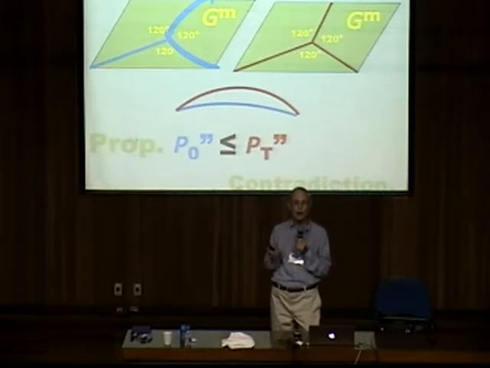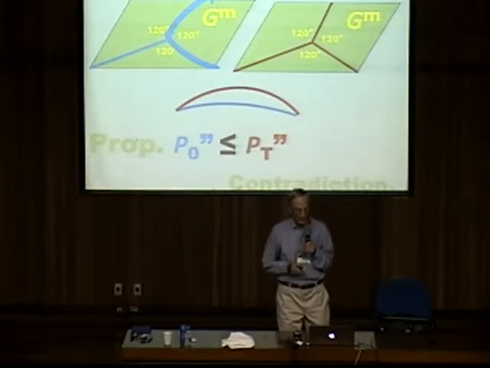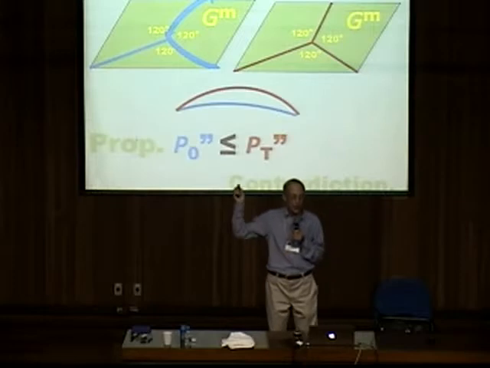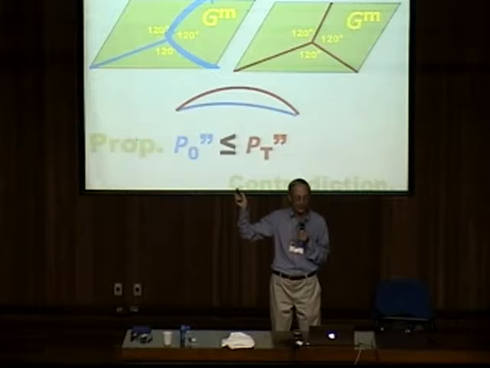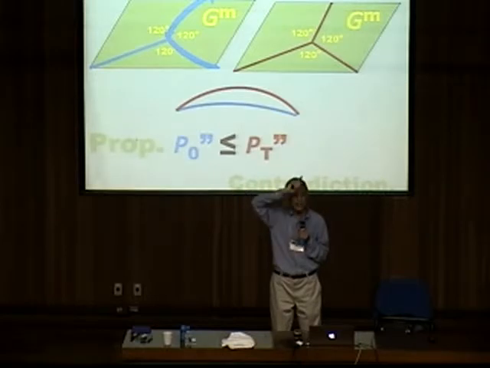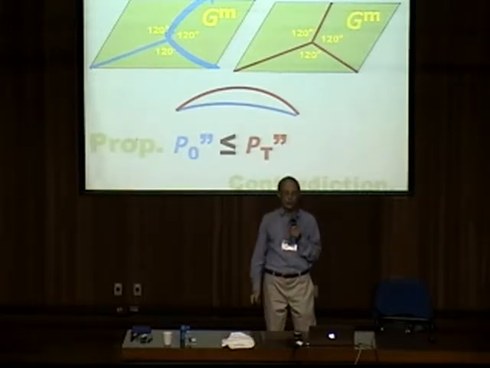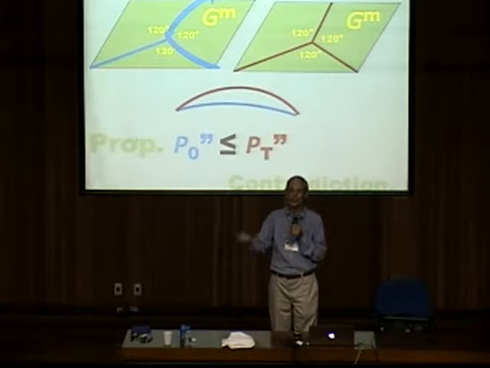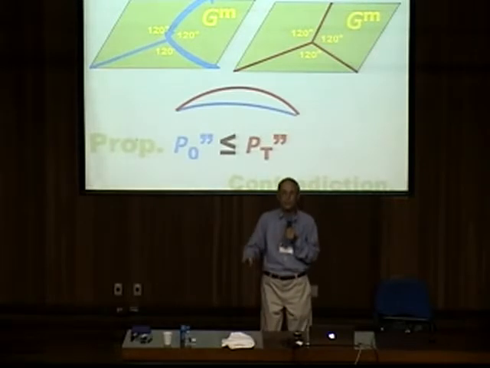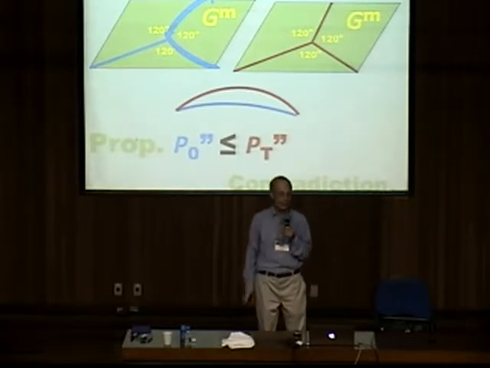Well, now the key proposition that they had is that P0 has a more negative second derivative than PT. And the idea for proving that is that curviness leads to instability. If you look at the second variation formula, you can see that curviness contributes to the negativeness of the second variation.